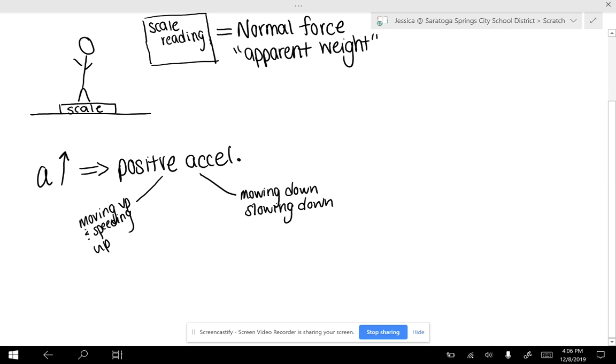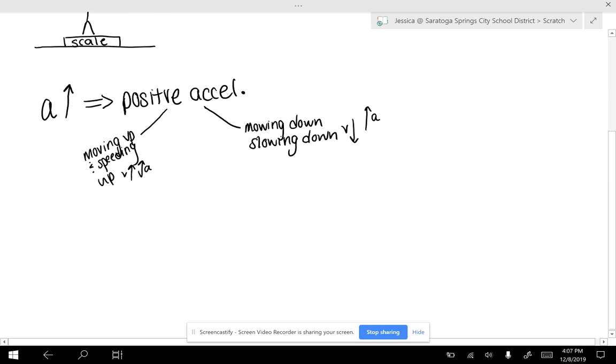So whenever you're slowing down, your direction of acceleration is opposite your direction of motion. So if we're moving down with a speed v but decreasing speed, our acceleration has to be pointing upwards. Whereas if we're speeding up, acceleration and velocity have the same direction. Okay, so we have a positive acceleration.